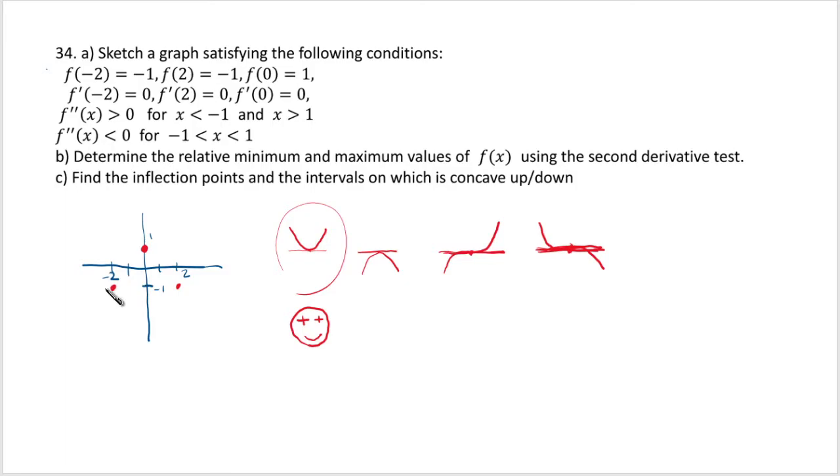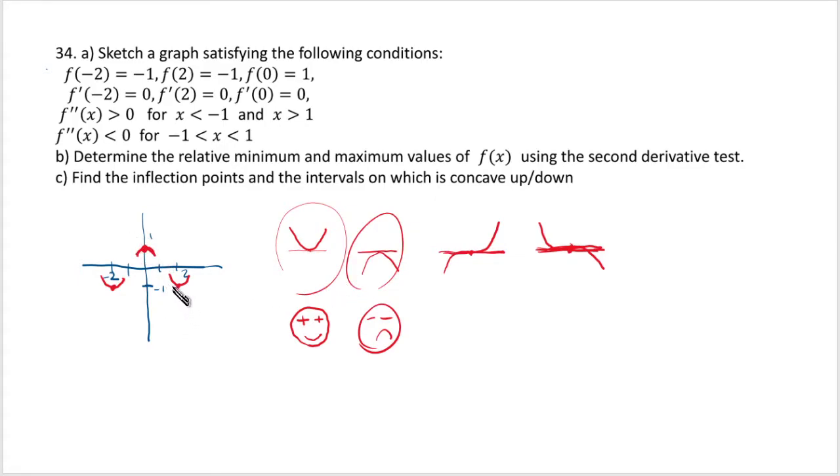So we know that over here at -2 and also at +2, because they both satisfy this condition, -2 is less than -1, 2 is bigger than 1. And then over here, -1 to 1, f double prime is negative, meaning that it's concave down, right? So it must be this one right here.